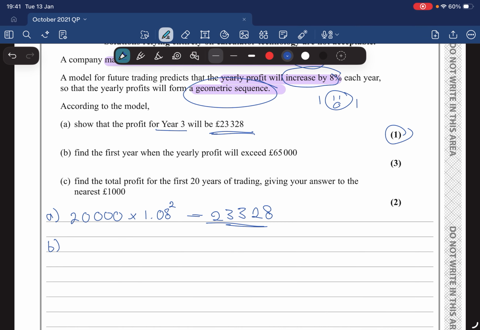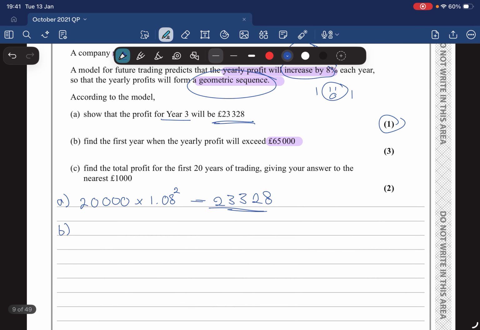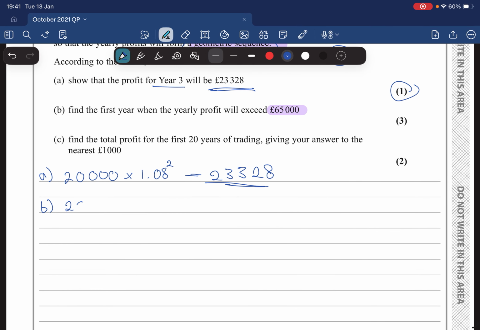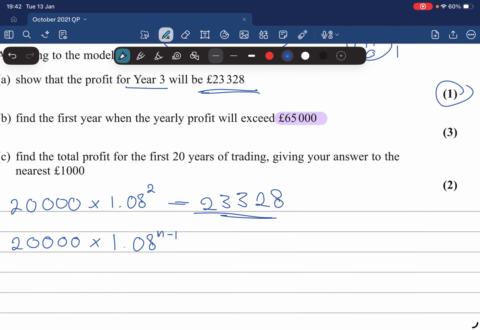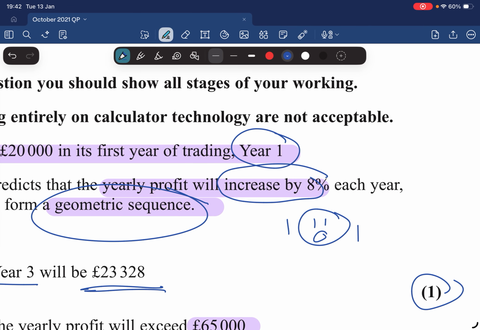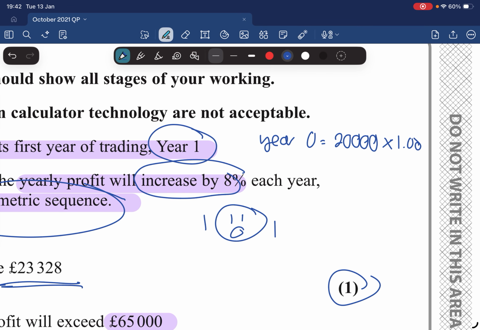Find the first year when the profit will exceed 65,000. So we already know that the first year is already given to us, and we can make an equation. Normally it would be 3, but because it's already told us that it's done that in the first year, if it was year 0, it would have been just 20,000 times 1.08 to the power of 3.